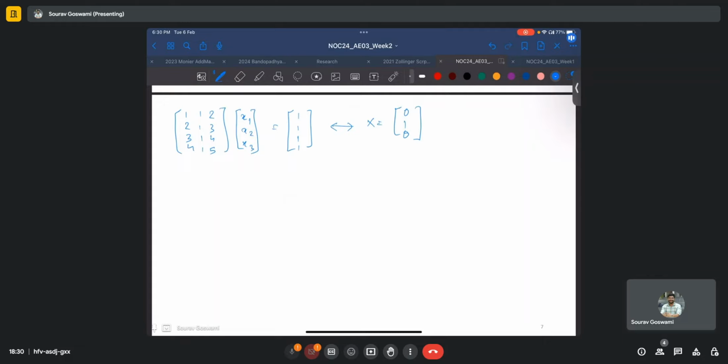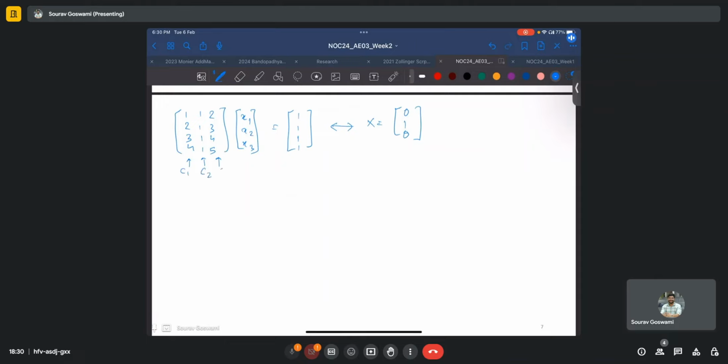An important thing to note is the dependence or independence of these columns. Are these three columns independent, or can one be obtained as a linear combination of any other?